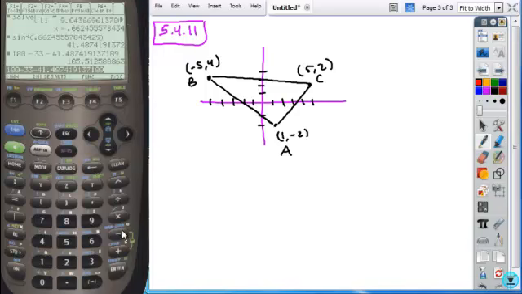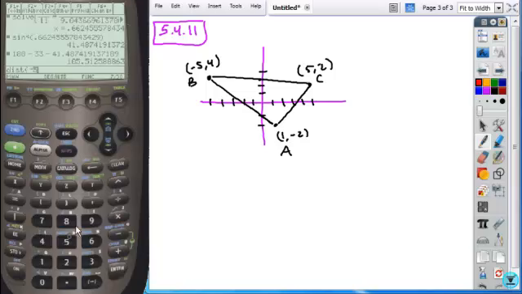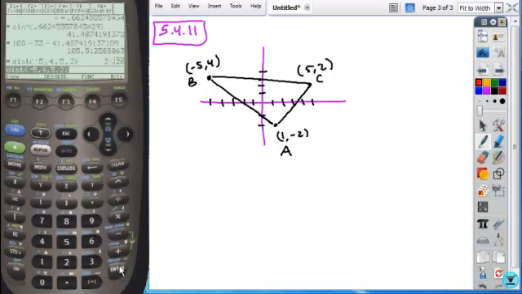Hopefully you have the distance formula still stored in your varlink menu, because all you need to do is type in the coordinates, and that's the point of having that. Okay.